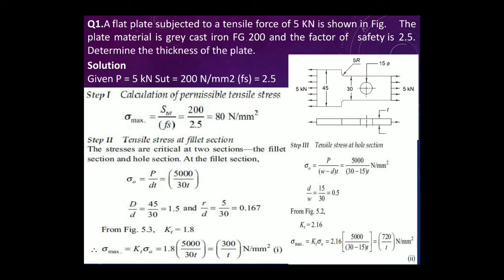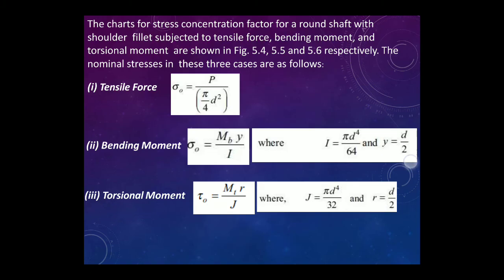So it becomes 5000 divided by w which is 30, d is 15 and t is unknown to us. Now the d by w ratio here is 15 by 30, that is 0.5. So using that ratio, d by w ratio, from figure 5.2, we will calculate the stress concentration factor.